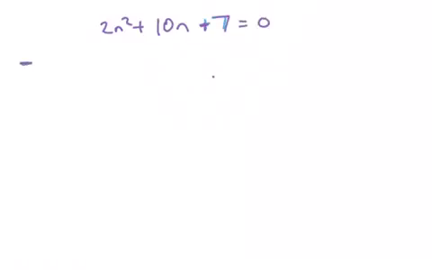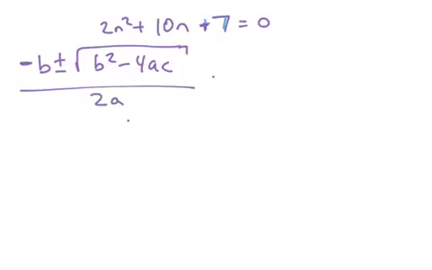Okay, so we're going to use the quadratic formula, which is negative b plus or minus square root b squared minus 4ac, all over 2a. And what we're going to do is just plug into this formula, where a is 2, b is 10, and c is 7.